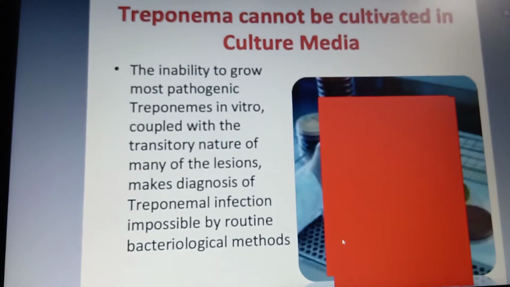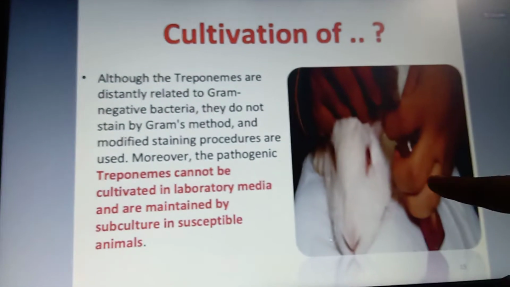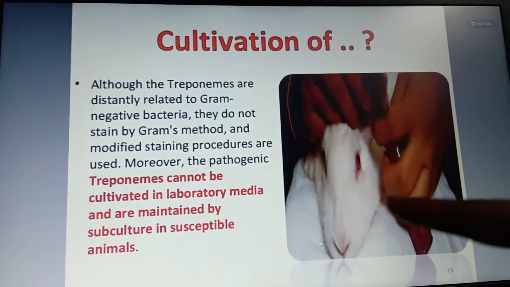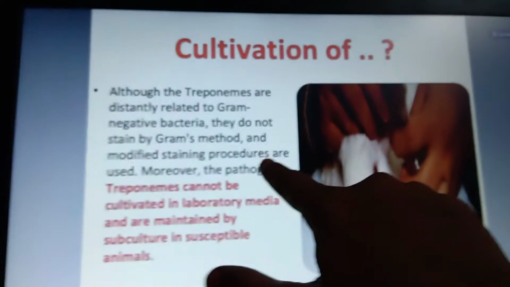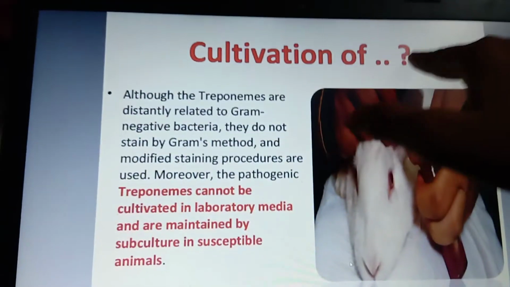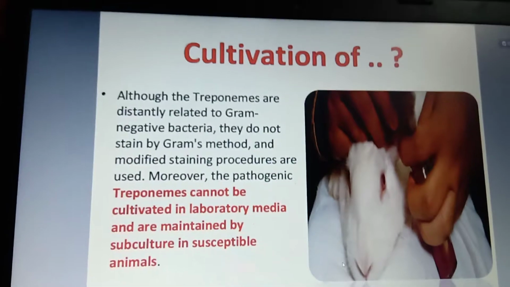Okay, and next, cultivation. So here they have shown the cultivation, right? Cultivation of the bacteria is possible only by staining procedures, but culture is impossible. Already in the discussion we have done that.